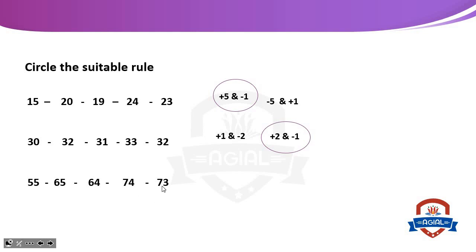To make 74, 73, we subtract 1. So we have two rules here, positive 10 and negative 1. So make a circle at positive 10 and negative 1.